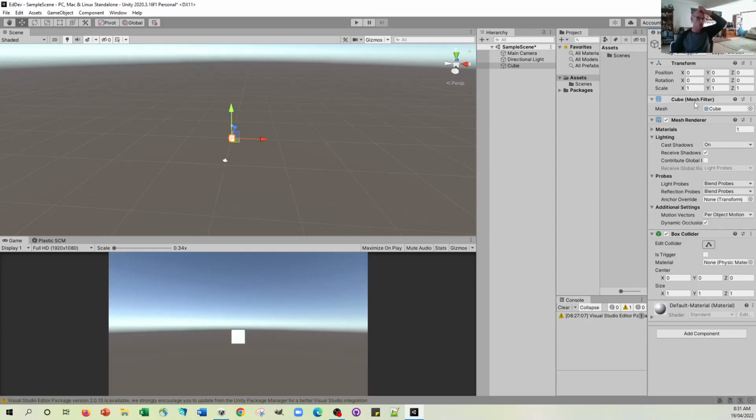So this cube has a cubic mesh that gives instructions about how it should be rendered, but it also has something called a mesh renderer, which is the skin that goes onto that cube.